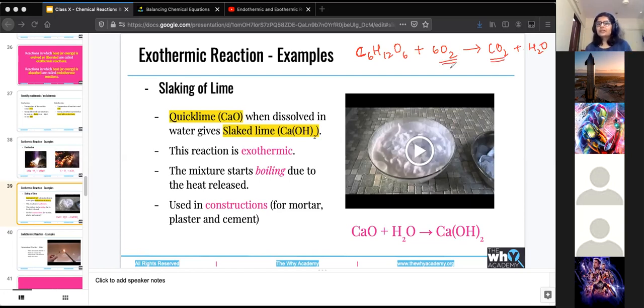So you breathe in oxygen, this reaction happens, then you take that energy to move, to speak, to think, do all your activities, and the byproduct carbon dioxide is released and water is released. That's the water that you pee out. Okay.